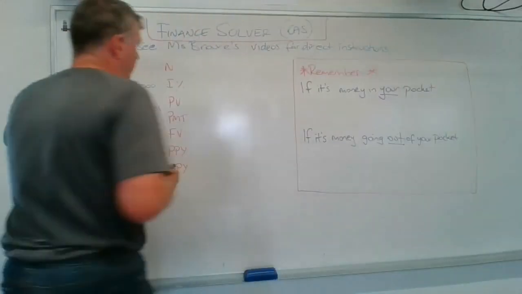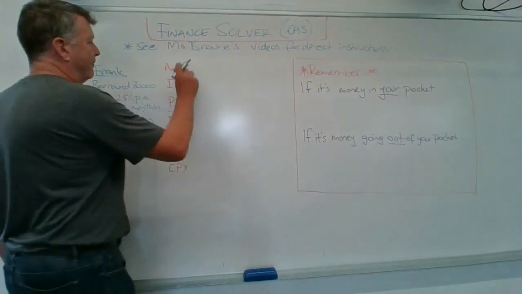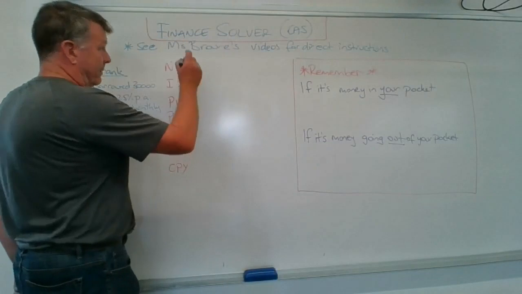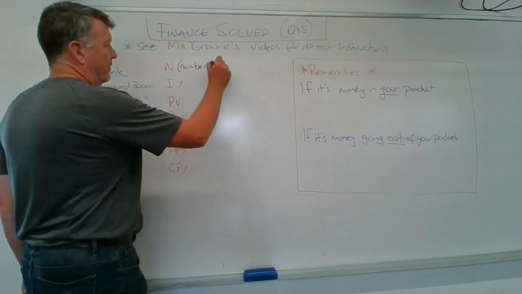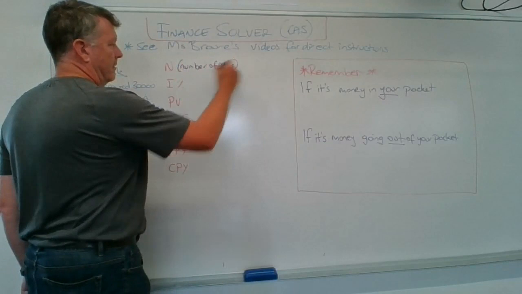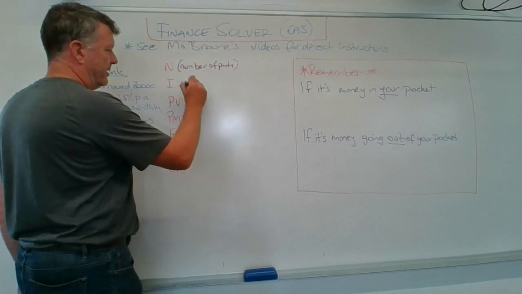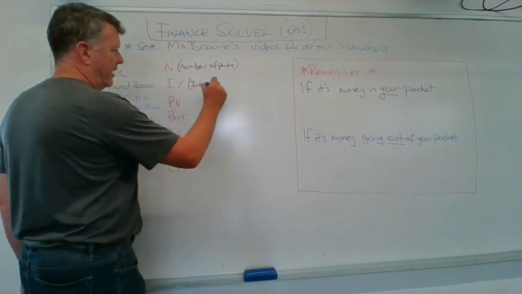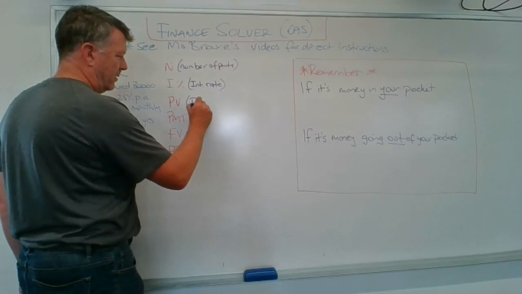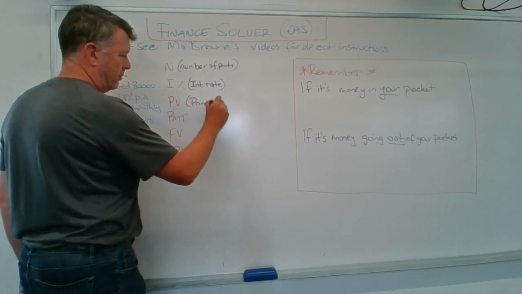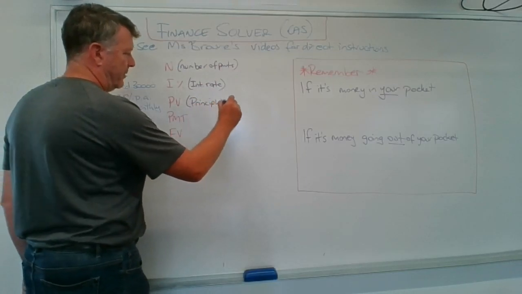Now, what these mean: N is the number of payments. I is obviously the interest rate. PV is the principal value, if you must.